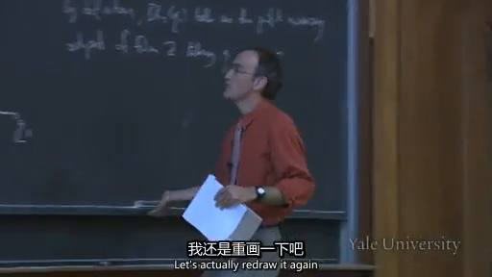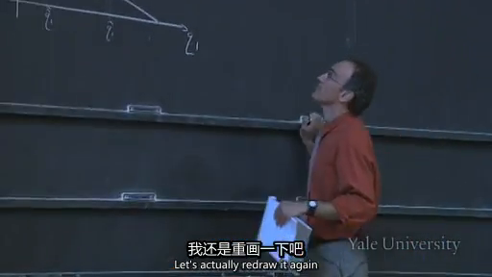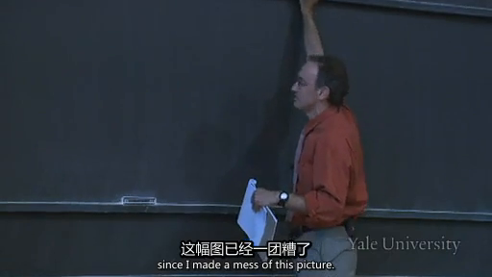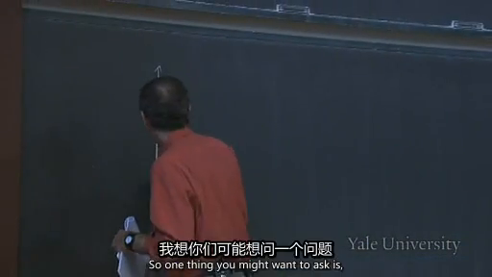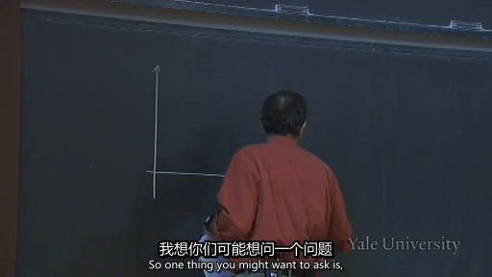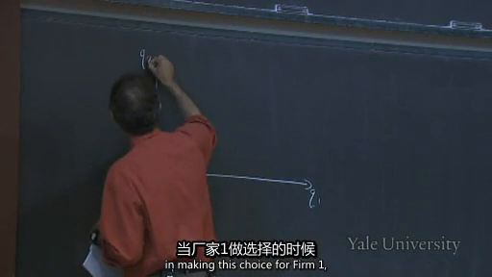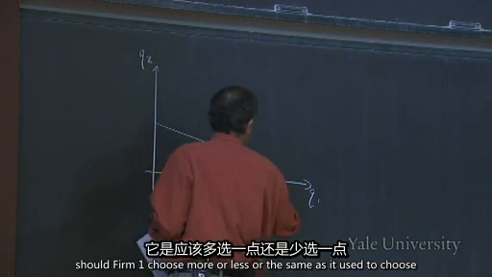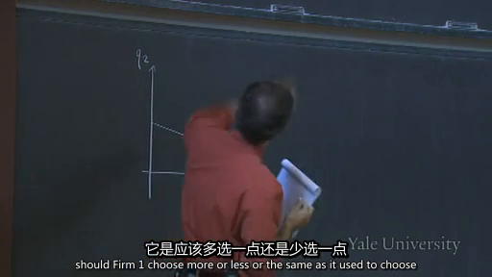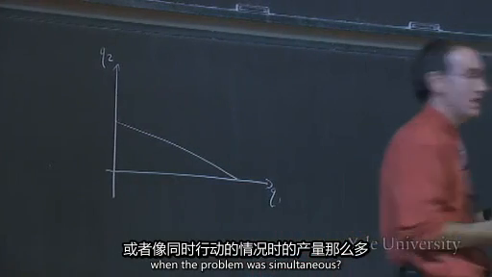Let's actually redraw it again, since I made a mess of this picture. So one thing you might want to ask is, in making this choice for firm 1, should firm 1 choose more or less or the same as it used to choose when the problem was simultaneous?